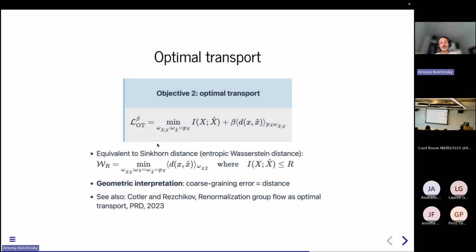If we do this, it's equivalent to the same objective that we had before, but in addition, we're going to constrain the marginal distribution over the coarse graining to be the same as the original one. So the kernel X to X is just the identity, but the kernel X to X hat varies.